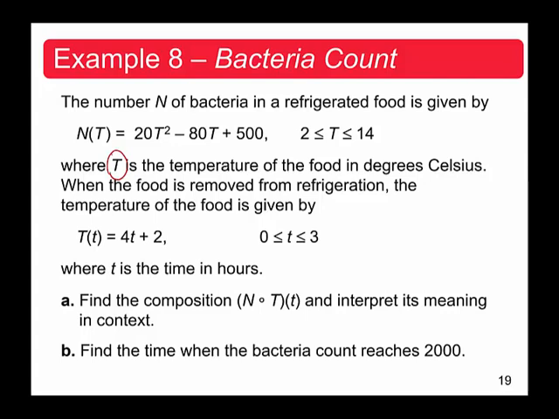When the food is removed from refrigeration, the temperature of the food is given by T of t equal to 4t plus 2, where t is greater than or equal to 0 and less than or equal to 3, and t is the time in hours. First of all, we want to find the composition of capital N composed with capital T, interpret the meaning in a real context, and find the time when the bacterial count reaches 2000.